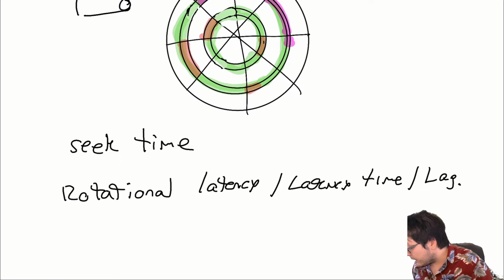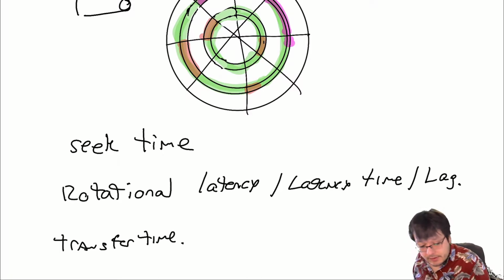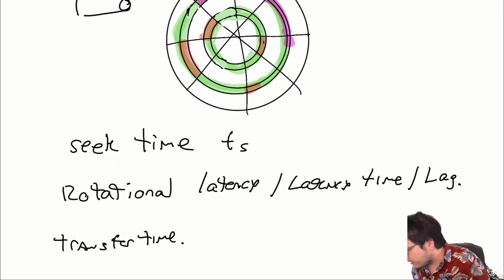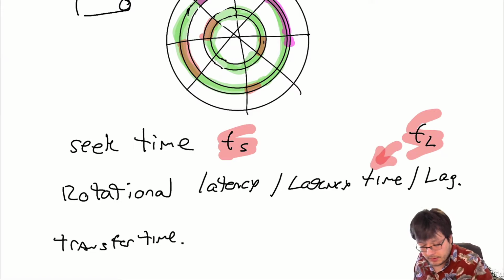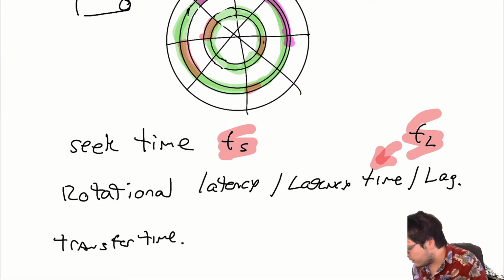And then finally we have transfer time. And we're going to represent them. I'm going to use the same ones as the book. So seek time, they use TS. And then lag, they use TL for lag. And then for transfer time, they use TT.